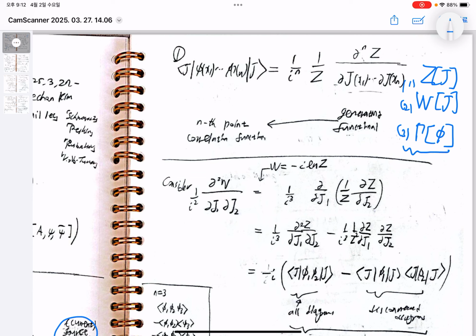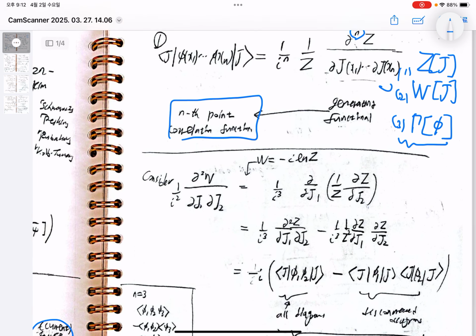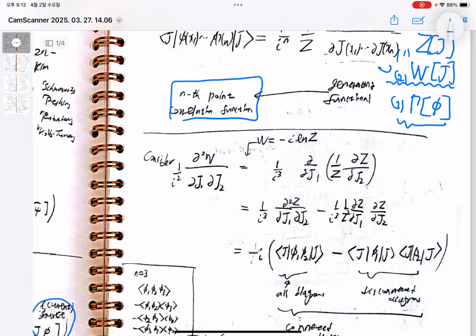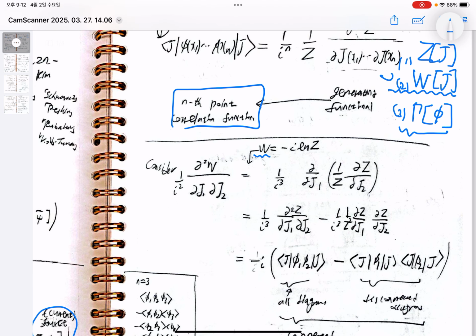First of all, in statistical physics and quantum field theory, if we differentiate the generating functional n times, then this gives the n-point correlation functions. Then what happens for the generating functional of the connected diagrams? We know that W is given by the log of Z.